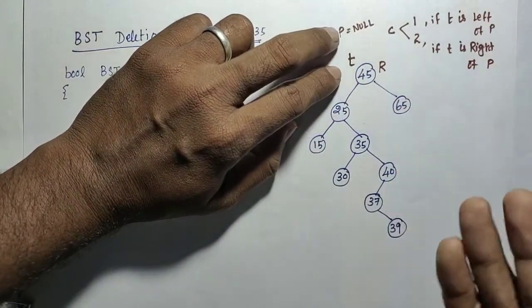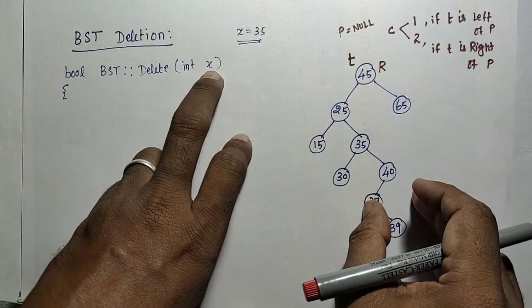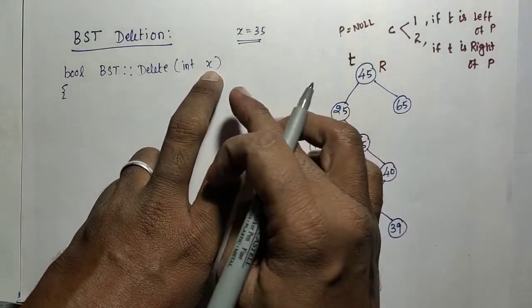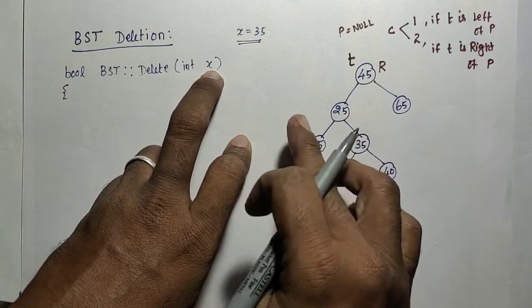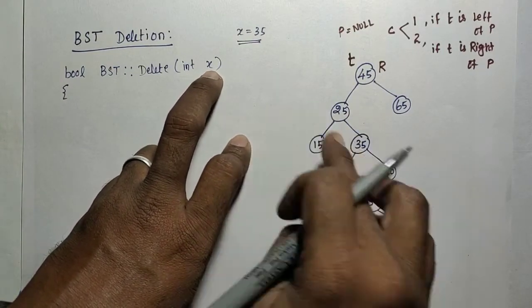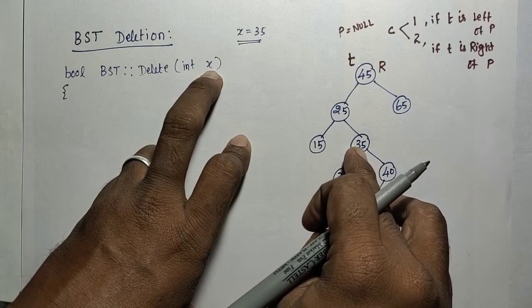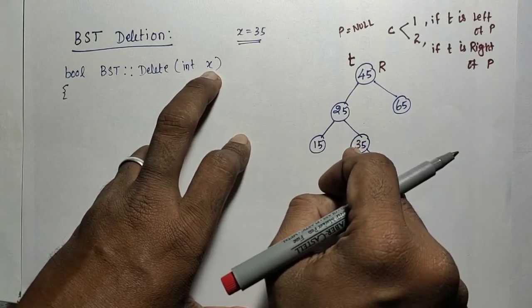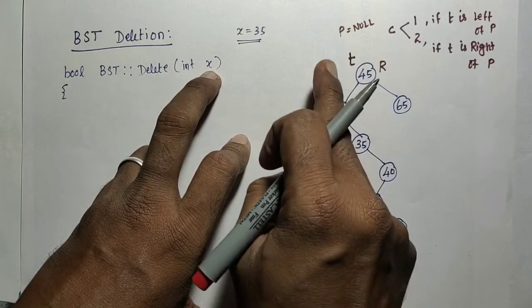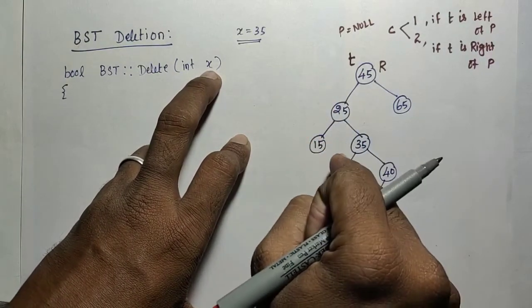Once we get the node x to be deleted, by that time t is pointing to that node, and p is pointing to the parent of that node. Then I need to say whether t is a left child or right child of the parent.